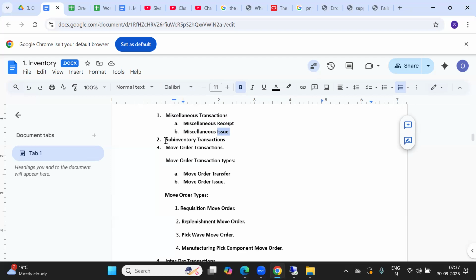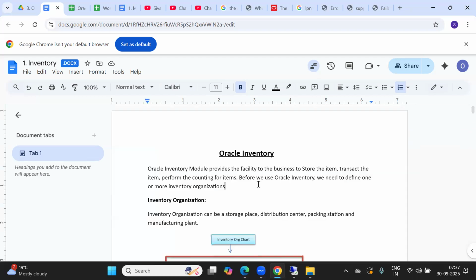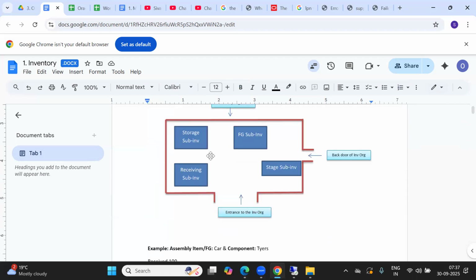Next, we have sub-inventory transactions. If we go and see the first diagram here, any transaction from one sub-inventory to another sub-inventory is called a sub-inventory transaction.